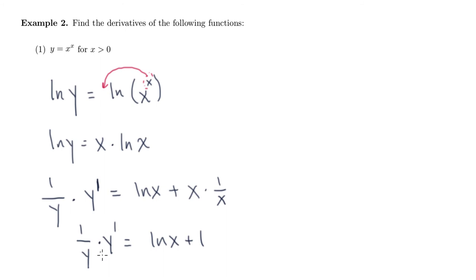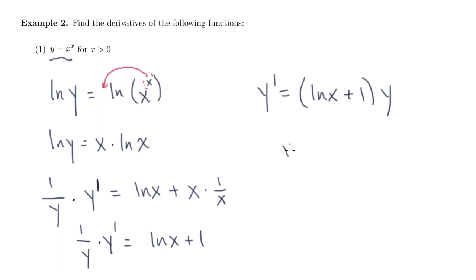But I want to isolate y prime, so I want to multiply the left side and the right side of the equation by y. So I have y prime is equal to log of x plus 1 times y, but I don't really like the y being on this side of the equation because I want y prime to be an explicit function of x. But fortunately, I know exactly what y is in terms of x. It's just x raised to the x.